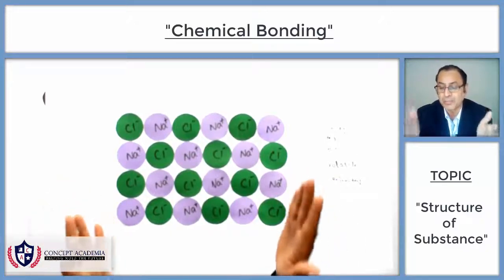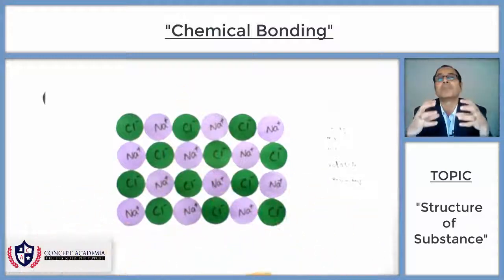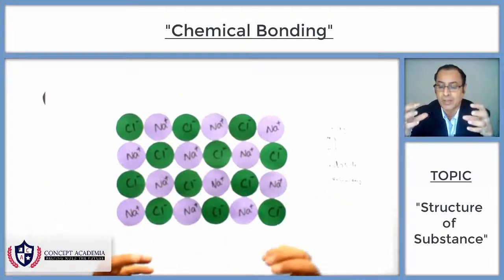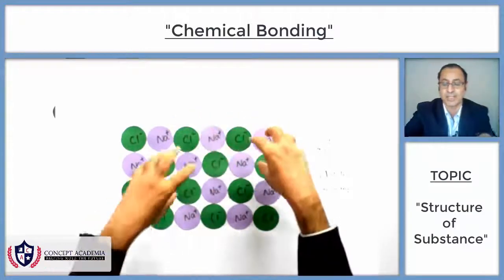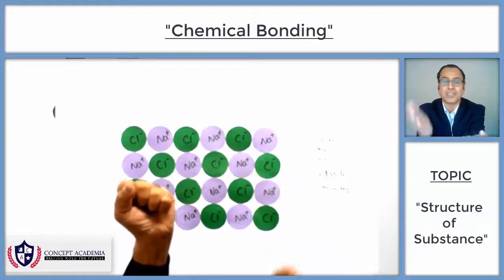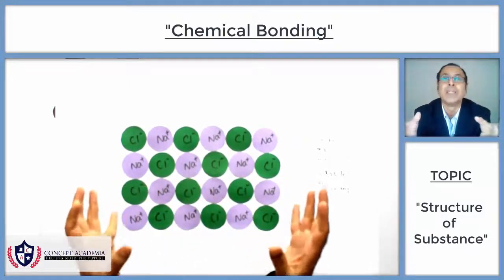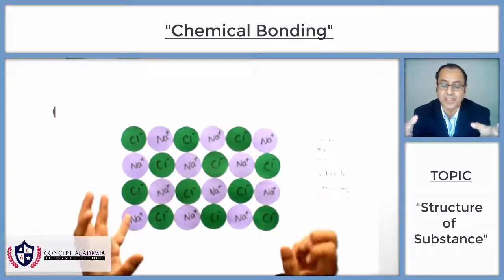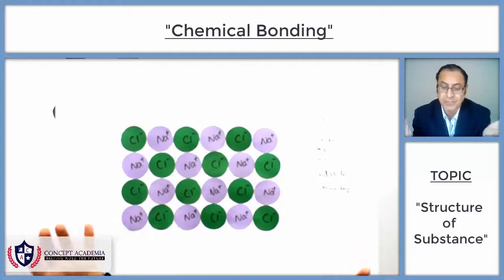If you want to melt it, we have to break the sodium and chloride, one ion sodium, second ion chloride, it's NaCl. Those forces of attraction are very strong and we have to break them, and therefore we need a very large amount of energy.